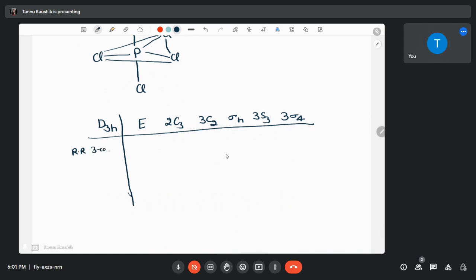So the reducible representation for 3 coordinates is 3, 0, minus 1, 1, minus 2, and 1. Reducible representation for unshifted atoms.